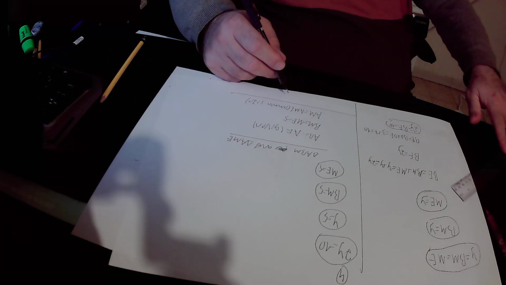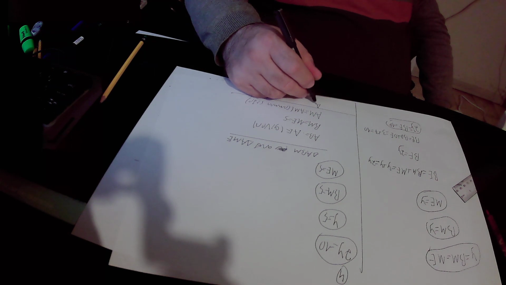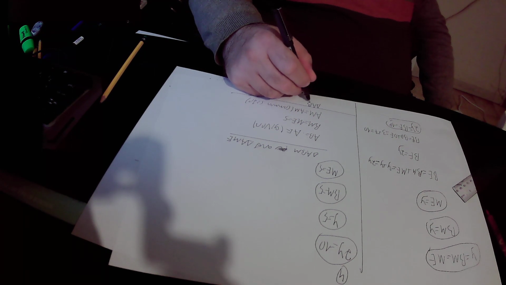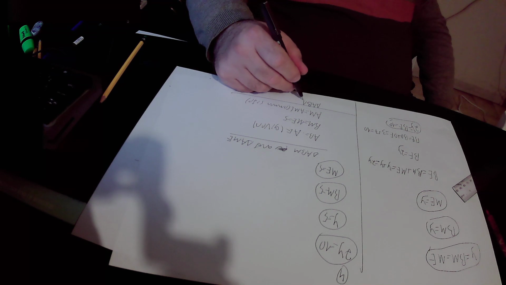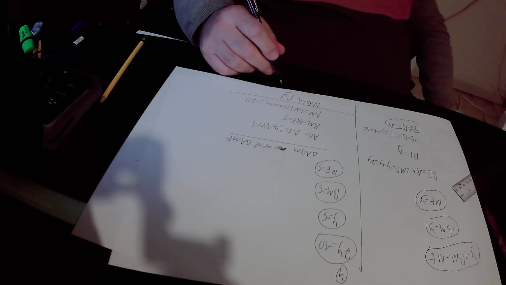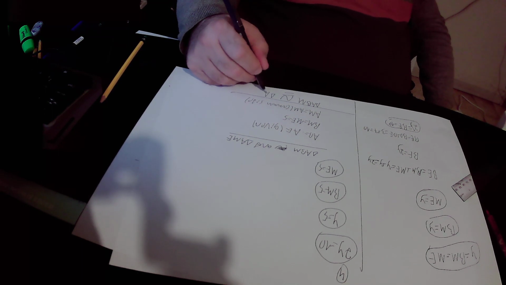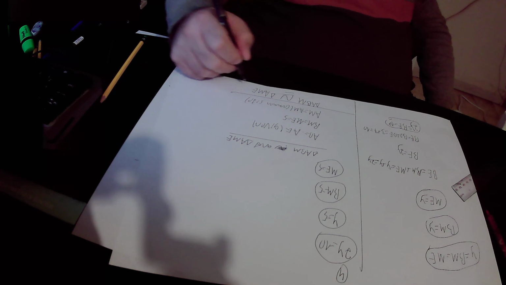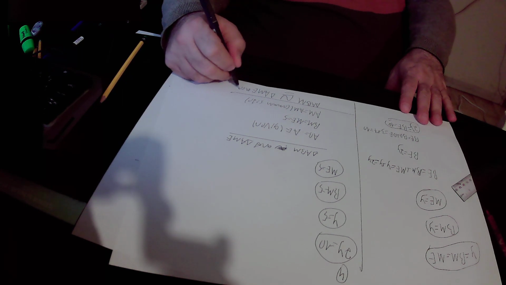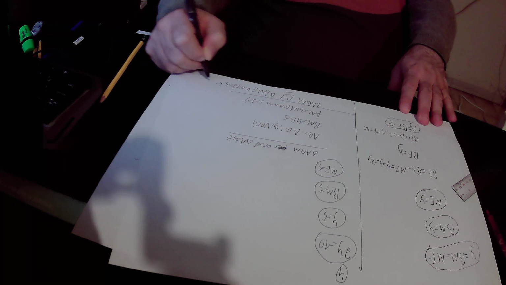So we actually proved that the right triangle ABM is congruent to the right triangle AME according to the side rule.